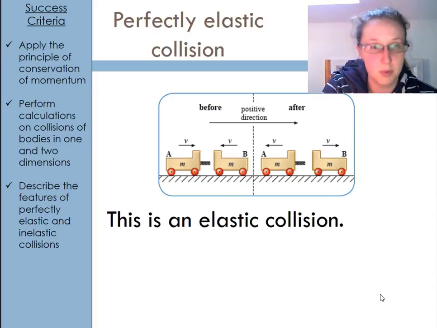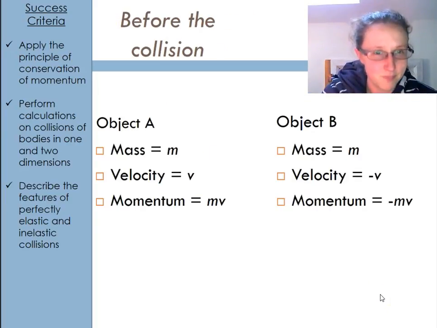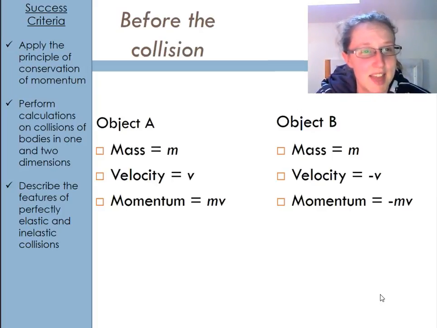So, just to pull some features of it out. Before the collision, I can see that object A has mass m, velocity v, so it must have momentum mv. Object B has mass m, velocity minus v, so it must have momentum minus mv.